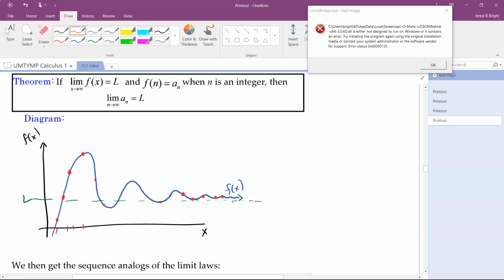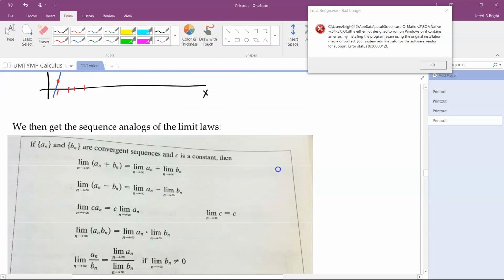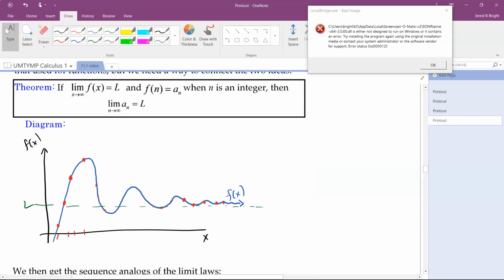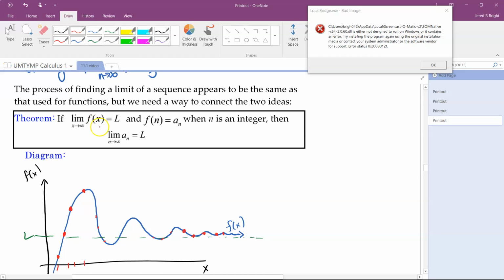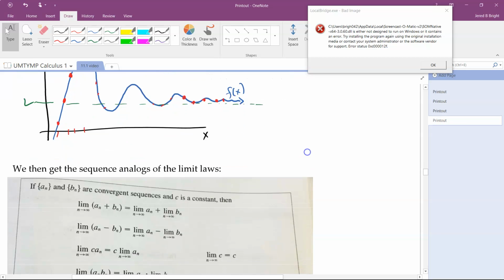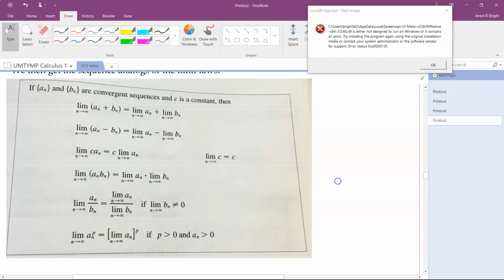So that's kind of illustrating the above theorem. Consequently, now that we've connected the idea of the limit of a function to the limit of a sequence, all of our limit laws that we had back from functions apply. This is just an image from the textbook illustrating all those properties. So review them as needed, and then we're going to move on and actually get some practice with finding limits.